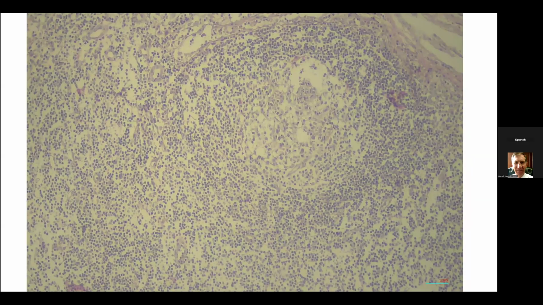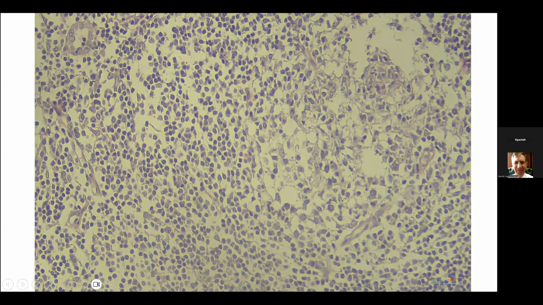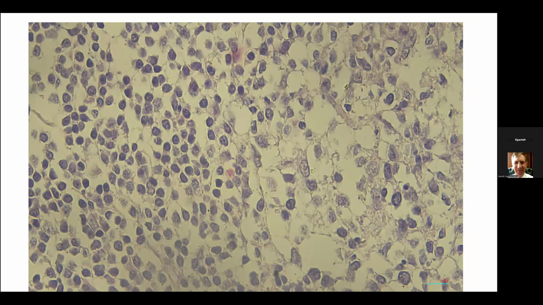And on higher power at 20x, this is how the cells look. You can see some areas that look like maybe a germinal center, but they are just these round blue cells. And on higher magnification, this is how the cells look under the microscope.